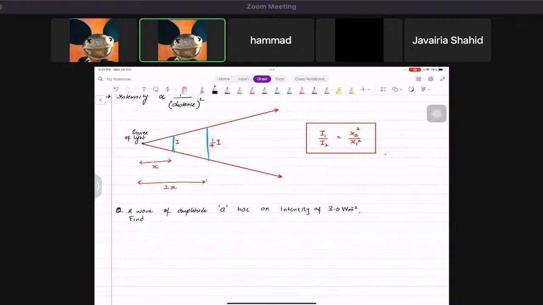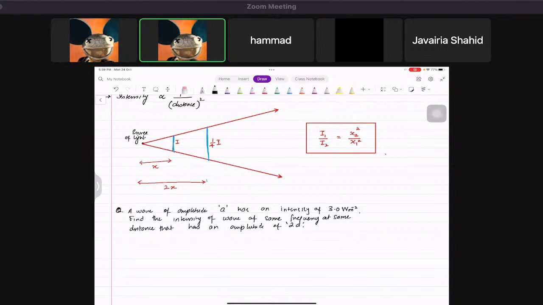So find the intensity of a wave of the same frequency at the same distance that has an amplitude of 2A. Okay, so they have given you this.